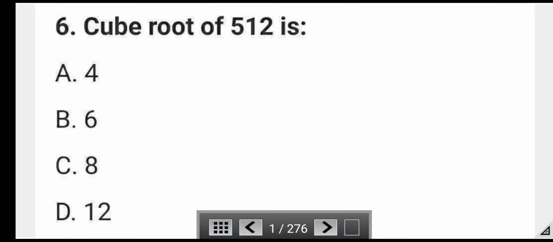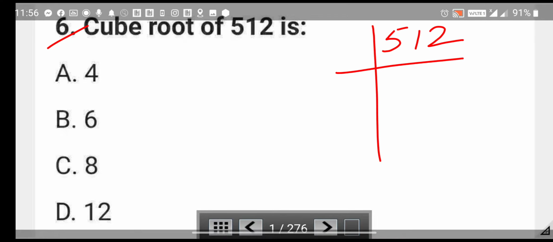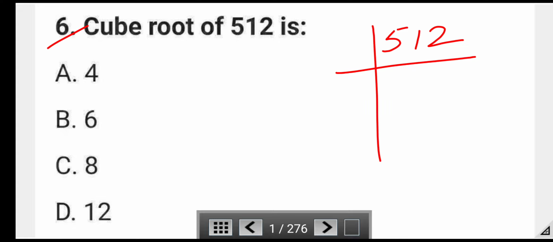Now we will solve some MCQs based upon cube root and square root of numbers. First is cube root of 512 is, now to find cube root of 512, first of all by prime factorization.